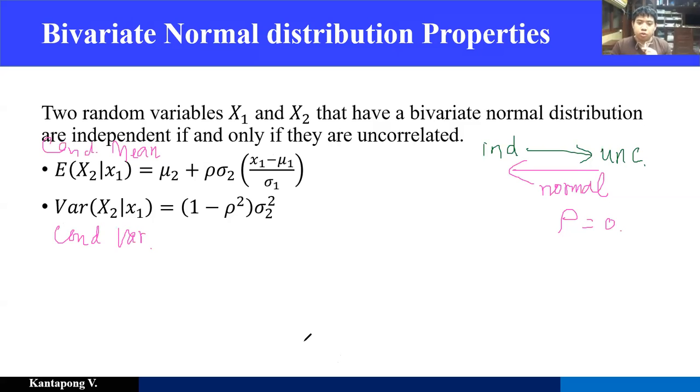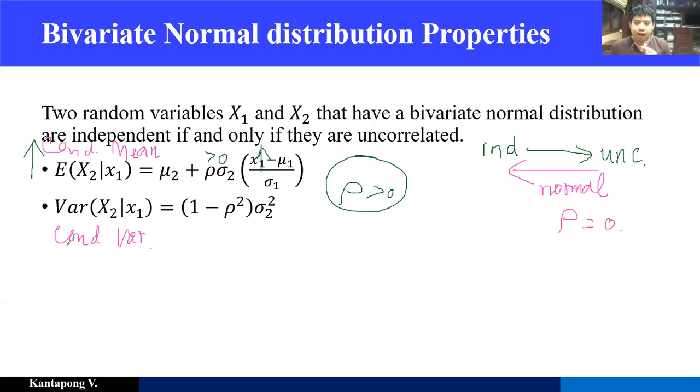So intuitively, if rho is positive, that means in the last case, when x1 and x2 move together, if x1 increases, let's say rho is positive, E of x2 will increase too.